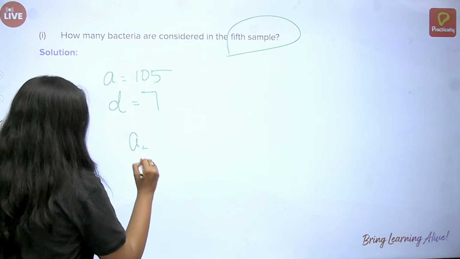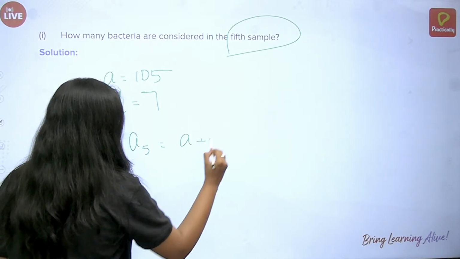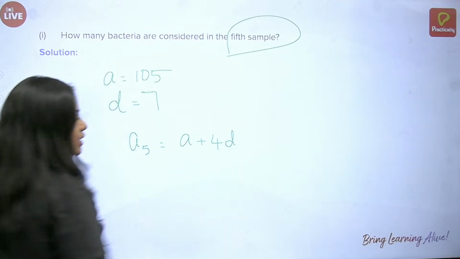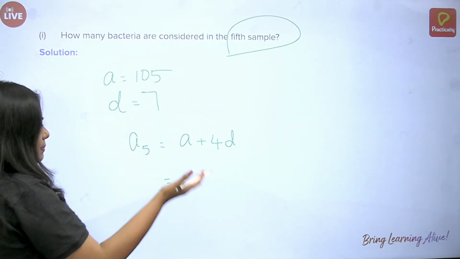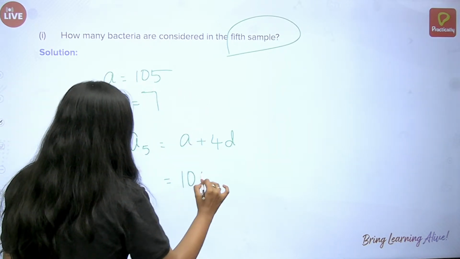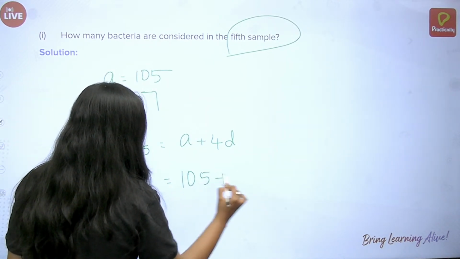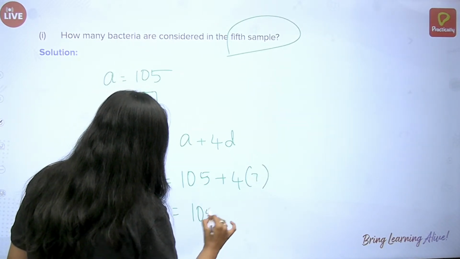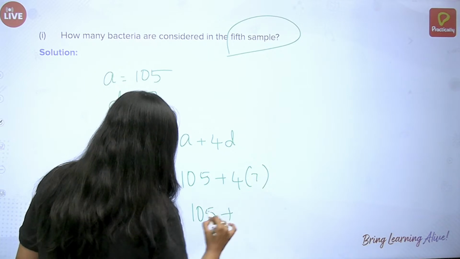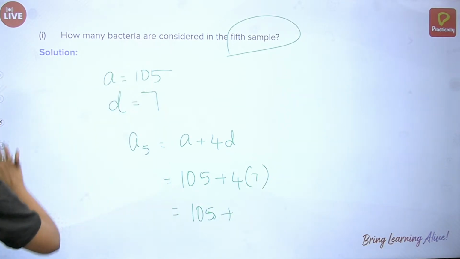So, A5 is equal to A plus 4D. Right? Just apply the values. 105 plus 4 times 7. So, 105 plus, okay, just give me a minute.